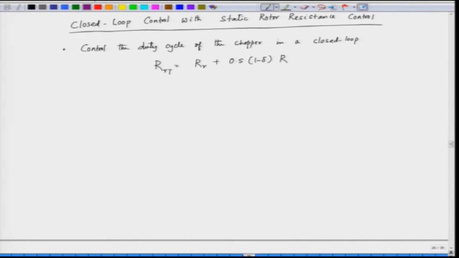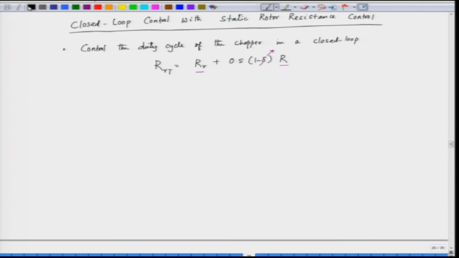So, let us see a closed loop block diagram of a chopper controlled rotor resistance induction motor drive. Our total resistance is RR, the rotor resistance, plus the external resistance, and we have to vary the duty cycle of the chopper, that is delta.